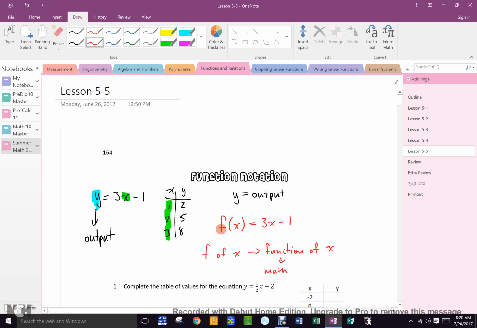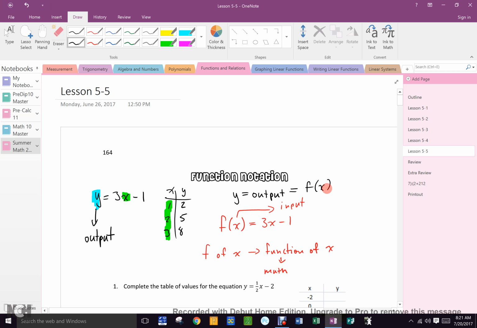And what it means is I'm going to take x and multiply it by 3 and subtract 1. Everybody cool? X is still our input. But y, which used to equal our output, now is written as f of x.